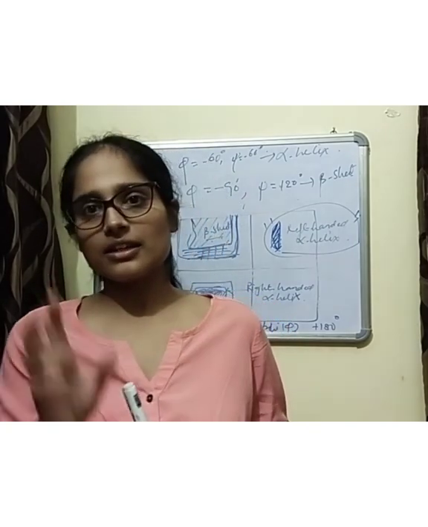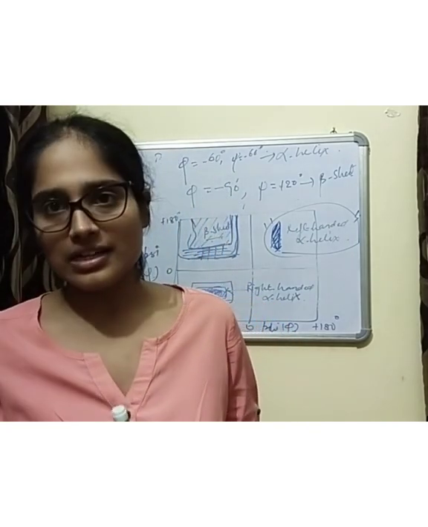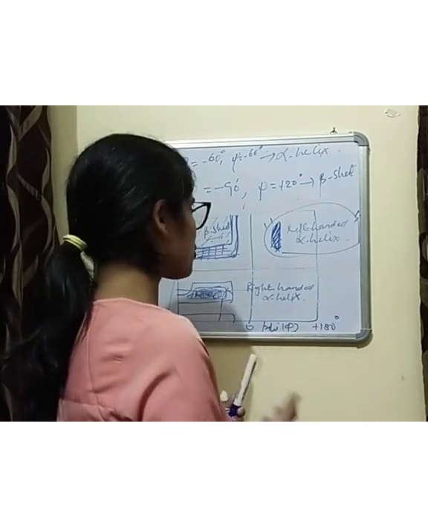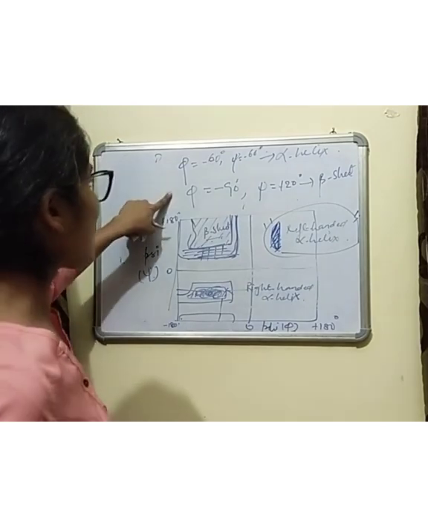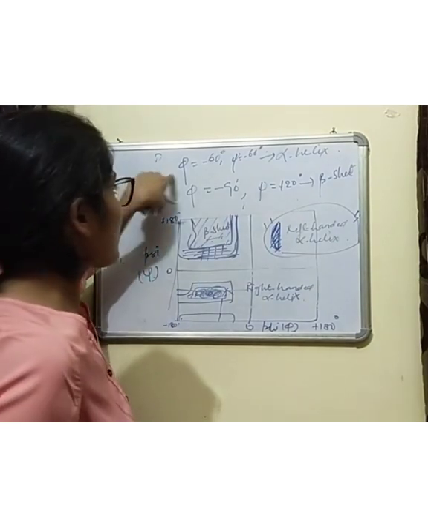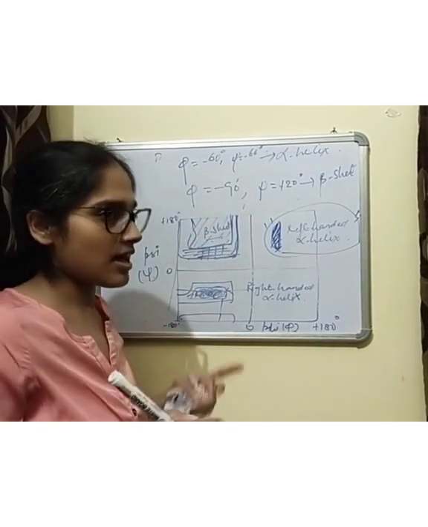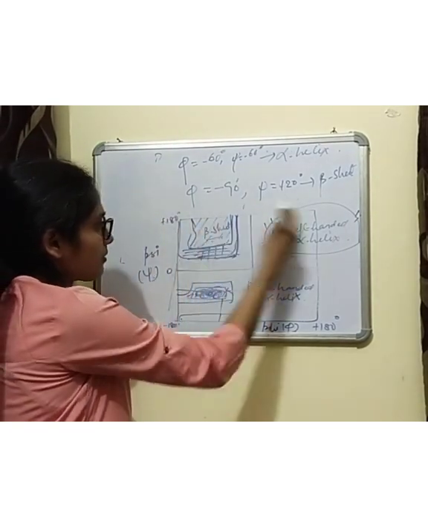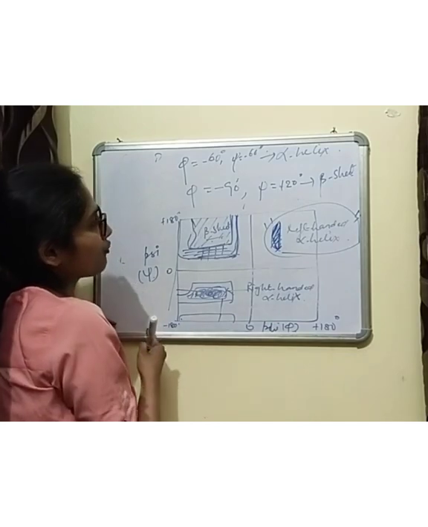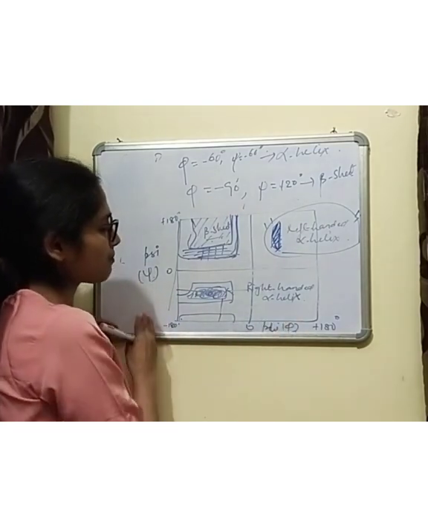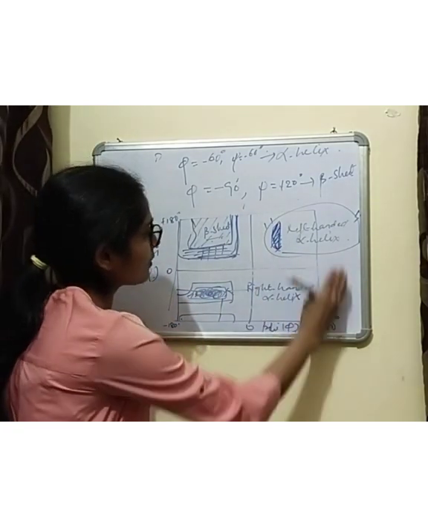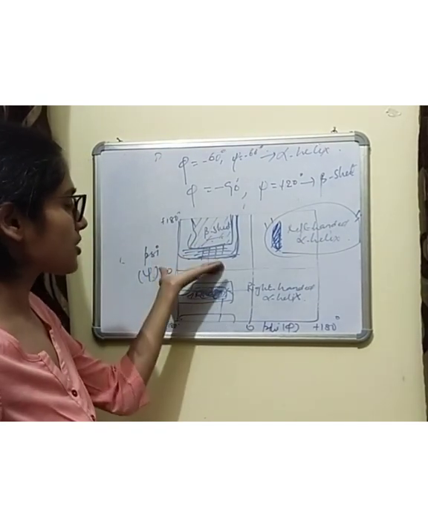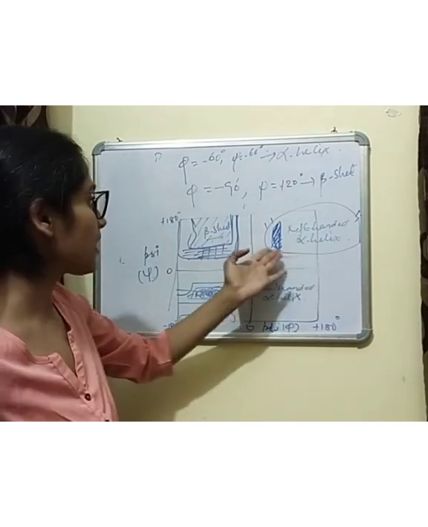Again, the formation of the peptide bond is a condensation reaction in which a water molecule is released. Then you must remember what the phi and psi angles are, and if you are given this plot, where the right-handed alpha helix will lie, where the beta sheet will lie, and where the left-handed alpha helix will lie.